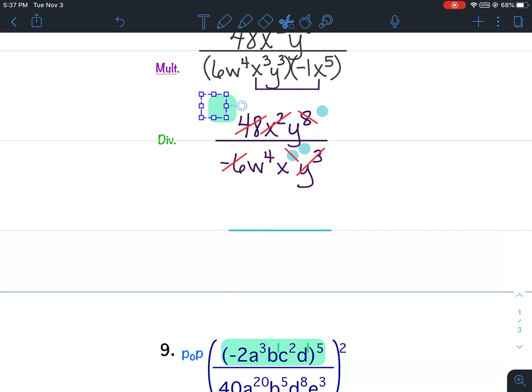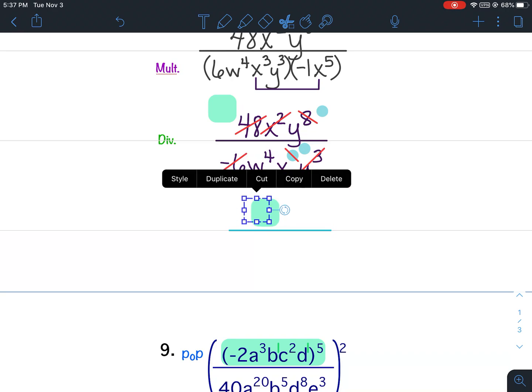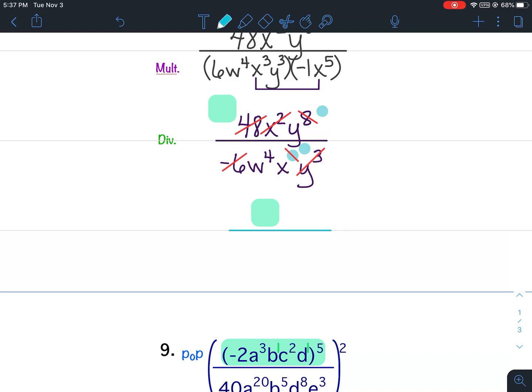All right, so whatever number you got there, we'll go here, with the y beside it, and then w to the fourth and the x term are going to be on the bottom.